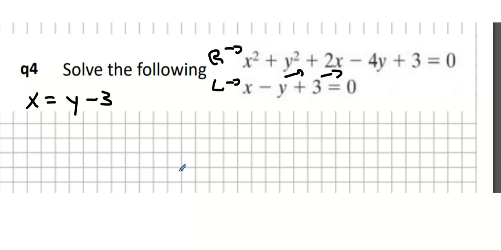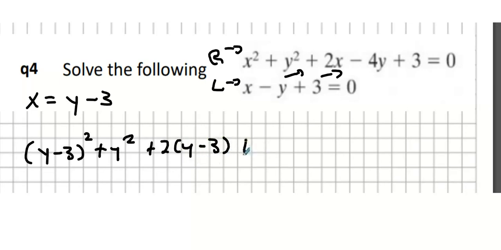Now, here's what you're going to do. Anywhere you see an x, what's going to happen to the x? It's going to be replaced with y minus 3. Okay? So anywhere you see the x, it gets replaced with y minus 3.